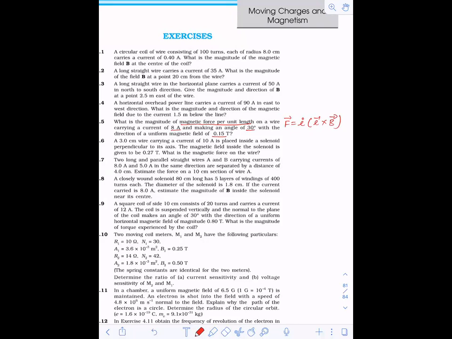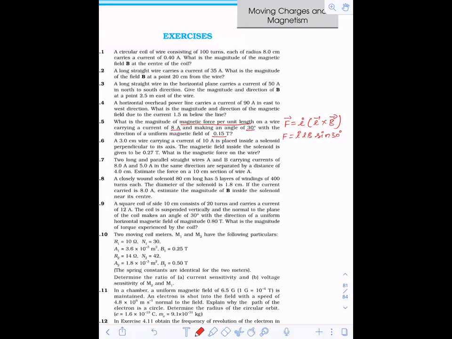Here question number 5 says the angle is 30 degrees. If I simplify this, I can write it as ILB sine of 30 degrees.